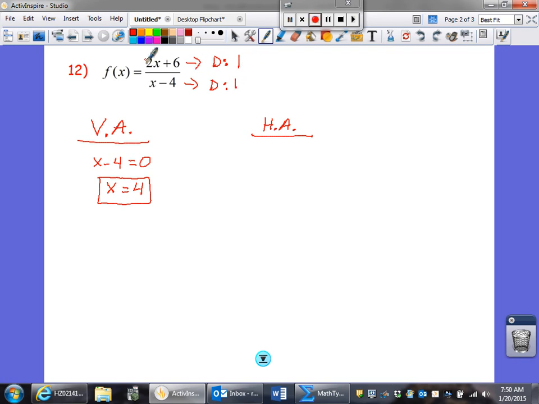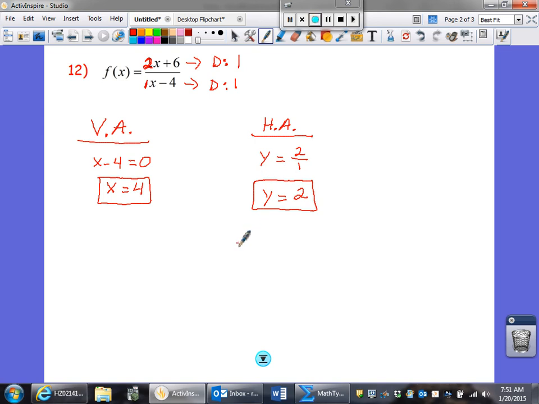So what you do is you just take the number in front of your highest exponent of x, which in this case is a 2, and you take the number here, and you divide them. So you say y equals 2 divided by 1, which simplified is just y equals 2. This is a horizontal line that goes through the y-axis at 2.